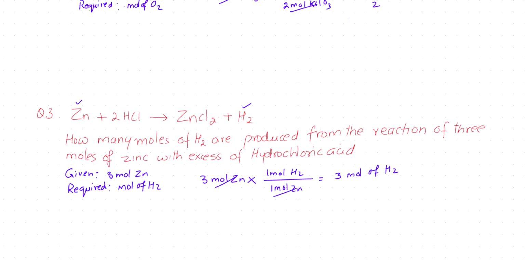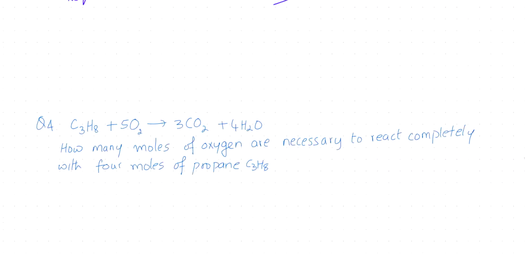Okay, one more question we'll do. Propane on oxidation, or combustion reaction, forms carbon dioxide and water. So this is combustion. How many moles of oxygen are necessary to react completely with 4 moles of propane?